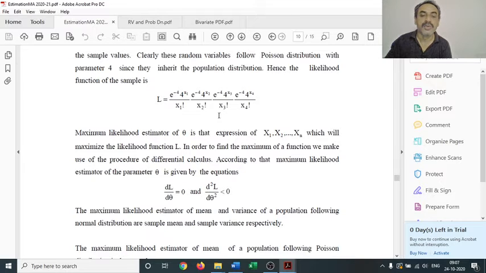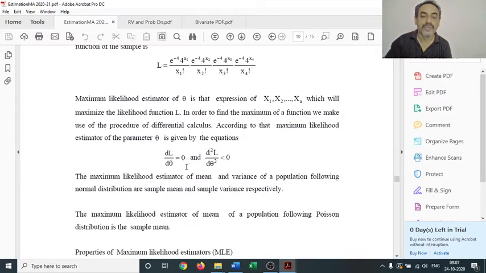In differential calculus, we have a method to identify the maximizing point by first derivative equal to 0 and second derivative negative. Therefore, the same procedure is adopted here to find the value of x1, x2, etc., xn, which makes L maximum.